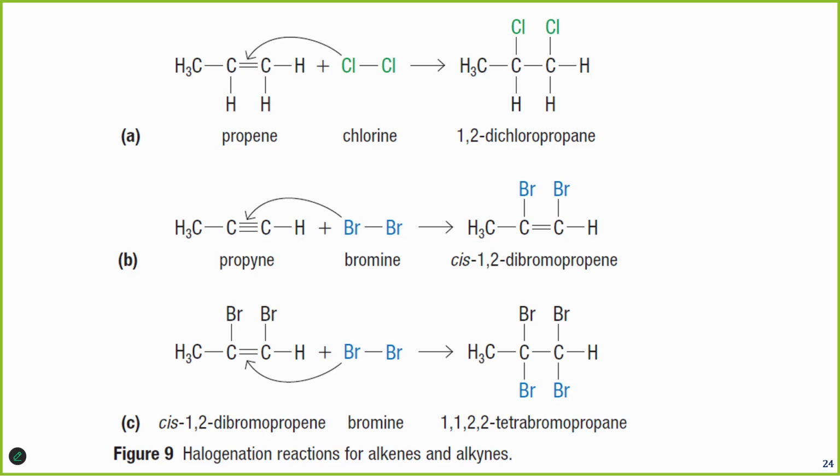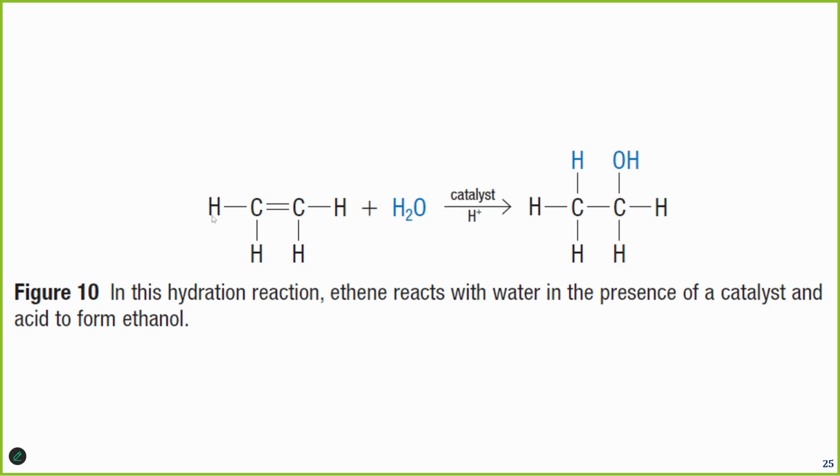In contrast, hydration reactions, which are shown here in figure 10, and hydrohalogenation reactions add two non-identical items to the multiple bond. Therefore, more than one product is possible, right?